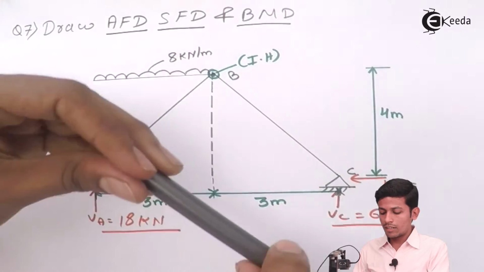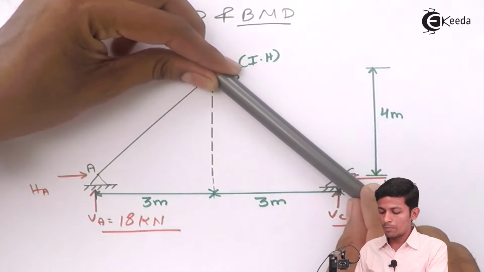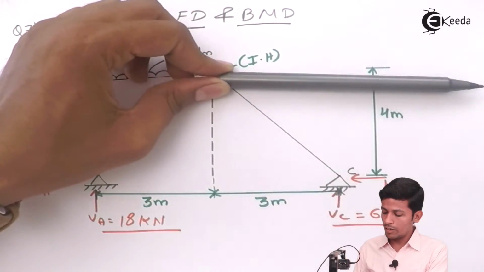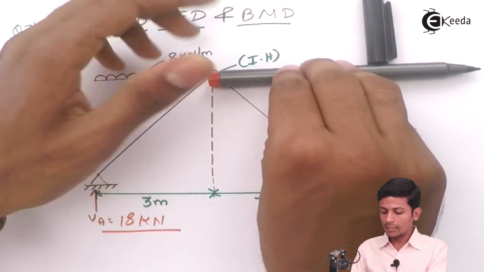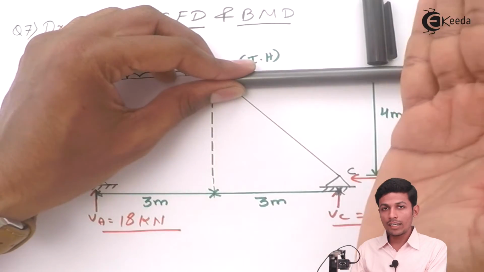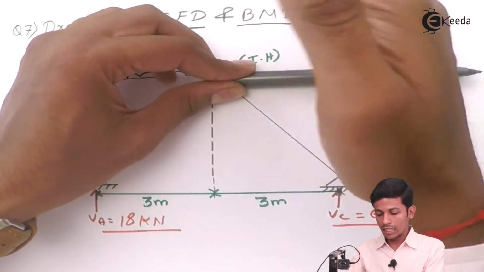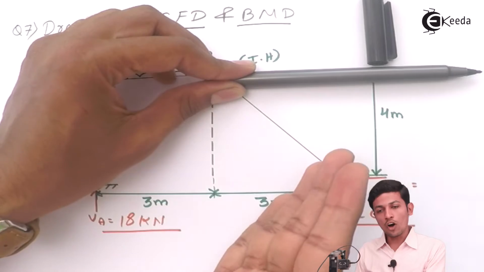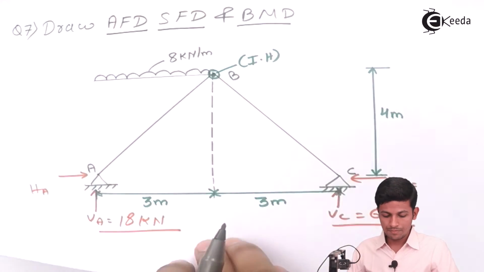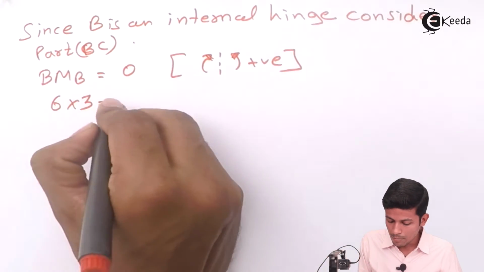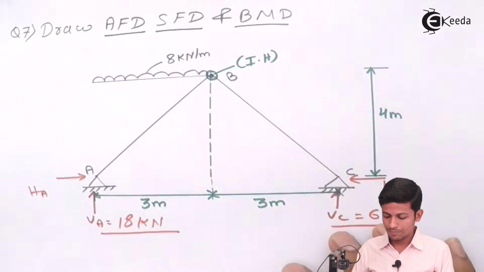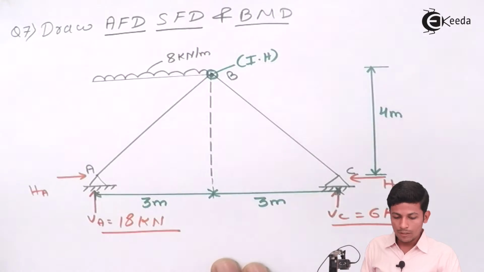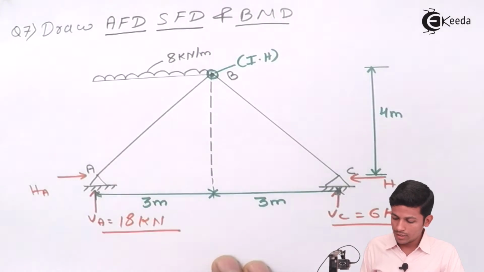Taking the section and looking at the left side, it goes in this direction, meaning hogging, so this will come minus, then minus HC into C. Now see, this is your HC.